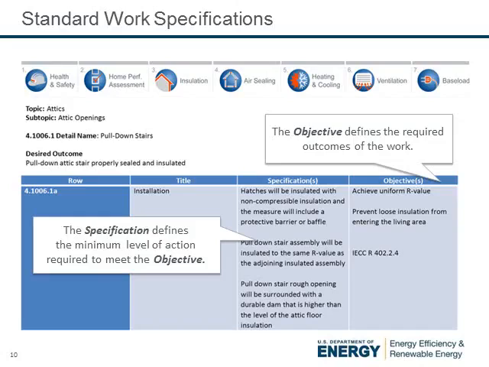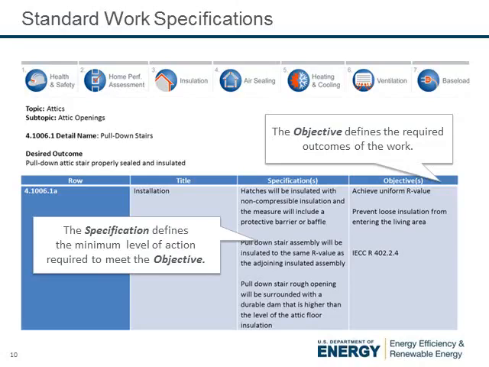Moving to the left, once we've defined what the objective is, once we've said what we are trying to achieve, we lay out specifications that give you the minimum amount of achievement you have to have to get to that objective. To get to that objective of a uniform R value, to keep the insulation from falling on people's heads, and to meet code requirements, here's what you need to do.